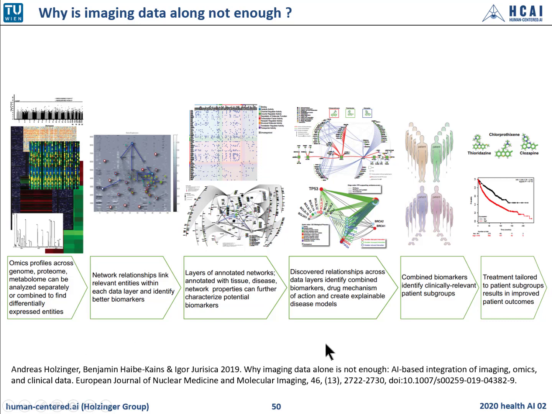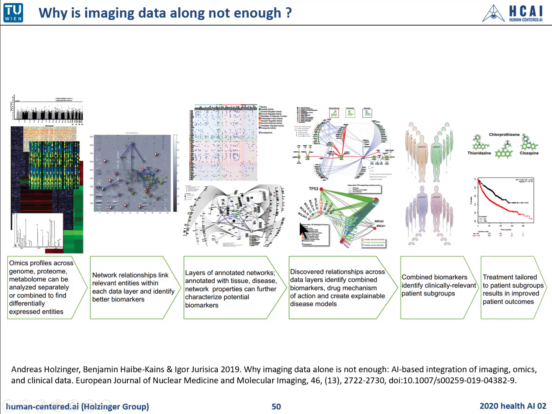tailored to individual patients. You see these omics profiles across genome, proteome, metabolome. Then we have these network relationships, which link relevant entities within each data layer. Then we have these layers of annotated networks, annotated with tissue, disease, network properties, and so on.